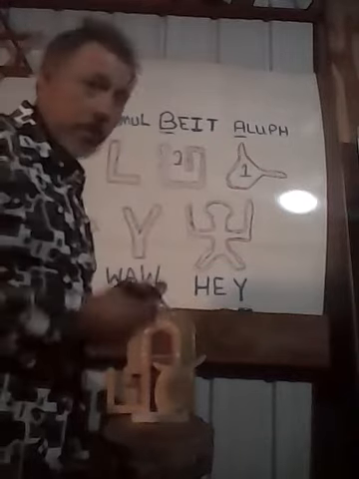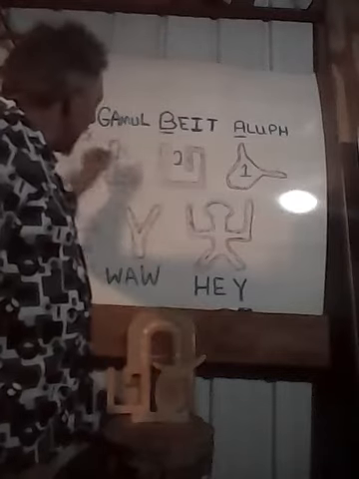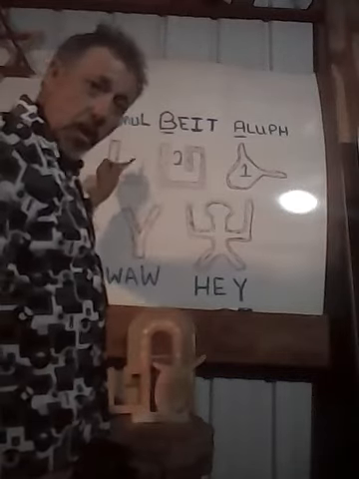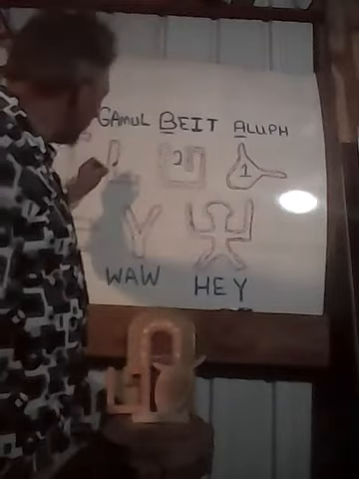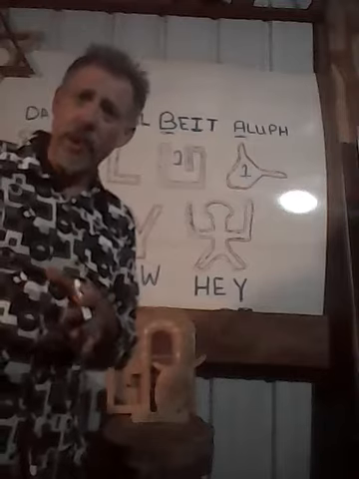Now remember, the Aluph was the leader. He was abiding in the bait to make the Gamo. The Gamo looks just like your leg coming down, and it has a little turn at the foot. See, it looks like an L, but it's really a leg with a foot. And that's what Gamal means, a foot or a messenger.